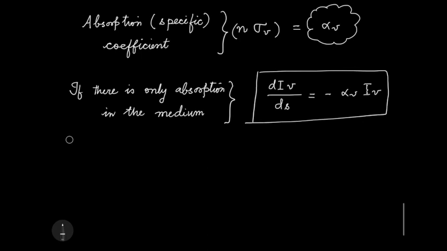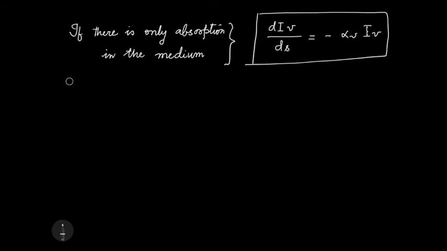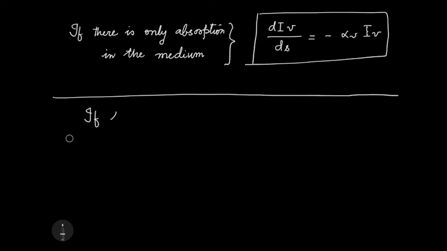So dI nu ds equals j nu. j nu is the spontaneous emission coefficient. And if there is absorption, then minus alpha nu I nu is taken out per unit distance the radiation travels in the medium. So if I have both emission and absorption present, it is straightforward to write down what will happen now.